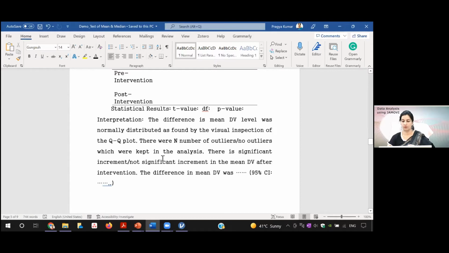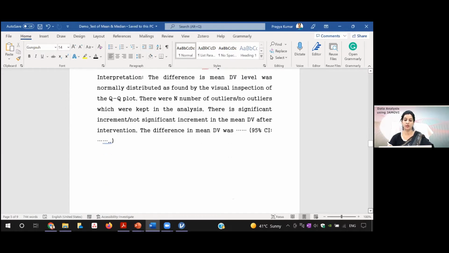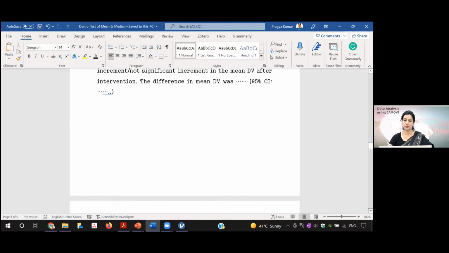This was normally distributed as found by the QQ plot. There were n number of outliers or no outliers which were kept in the analysis. There's a significant increment or no increment in the mean value after the intervention. And the difference in mean was this with its 95% confidence interval. This way you have to write about the assumptions.